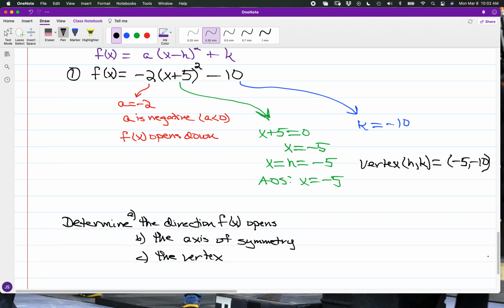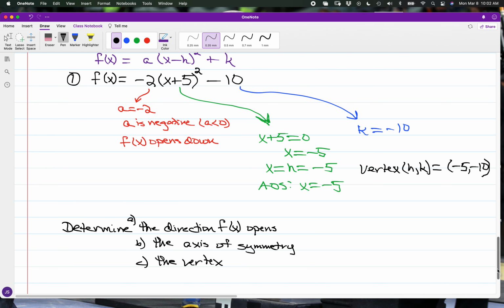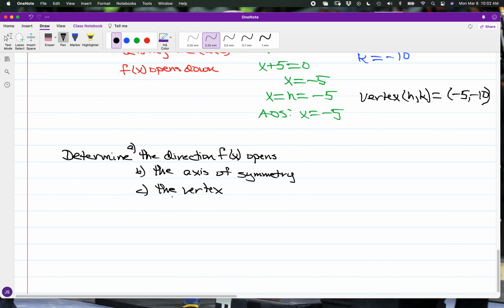Let's see what we get for the direction that the graph opens, the axis of symmetry, as well as the vertex, for the following two functions. We'll say that we have f of x is equal to 3 times the square of x minus 7.